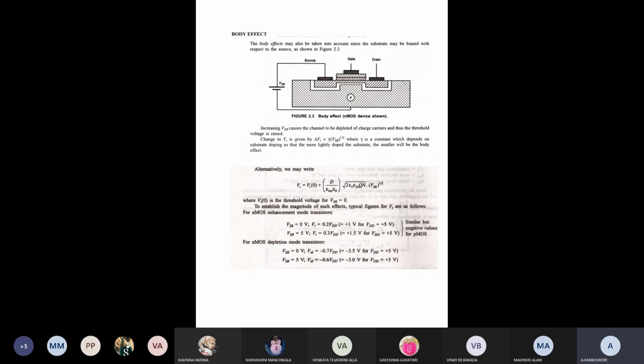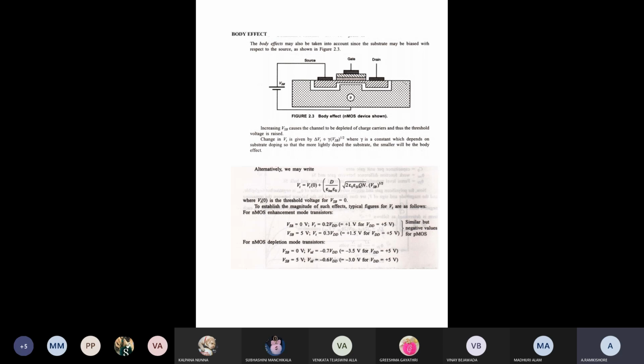The body effect may also be taken into account since the substrate may be biased with respect to the source. If we increase or decrease VSB, that causes the channel to be depleted of charge carriers, and thus the threshold voltage is raised.